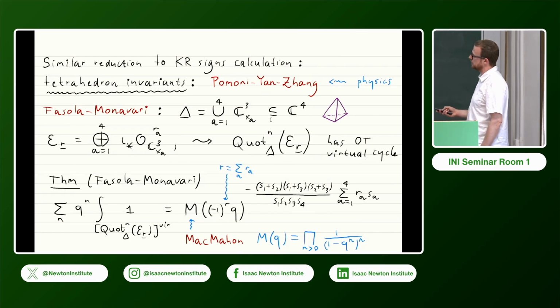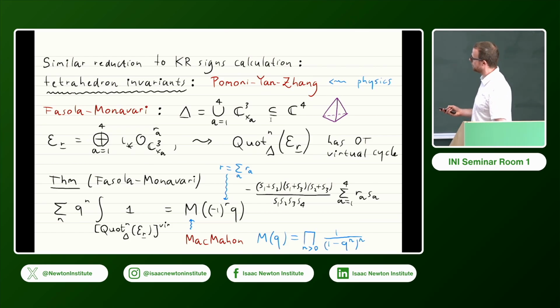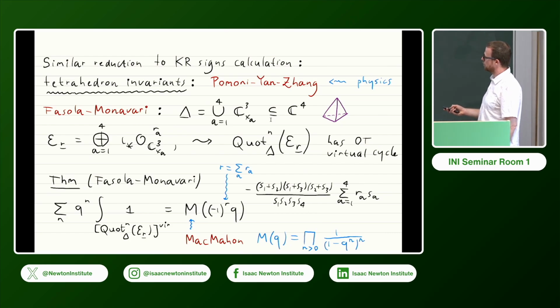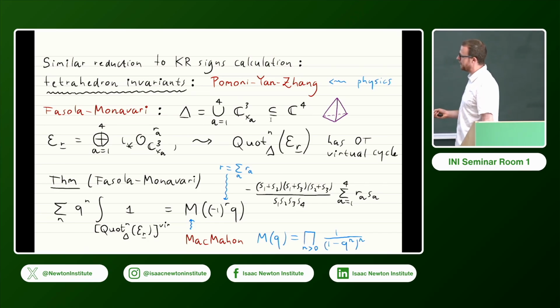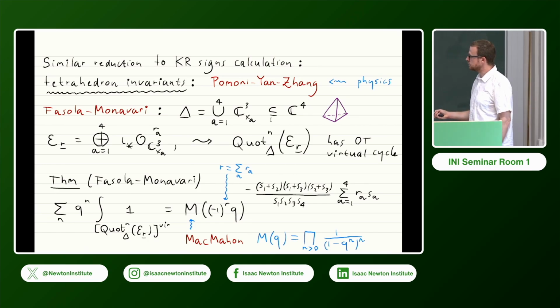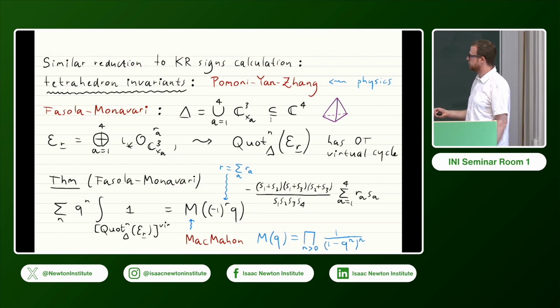Then there's a power that looks the same as we saw in the Hilbert scheme of points case on C4, and then there's this new factor, the sum over all A of RA times SA. M here is the McMahon function, M(Q), the product over all n positive of 1 over 1 minus Q to the n.